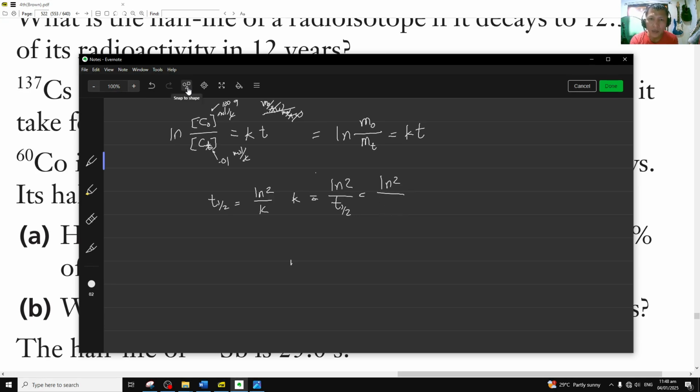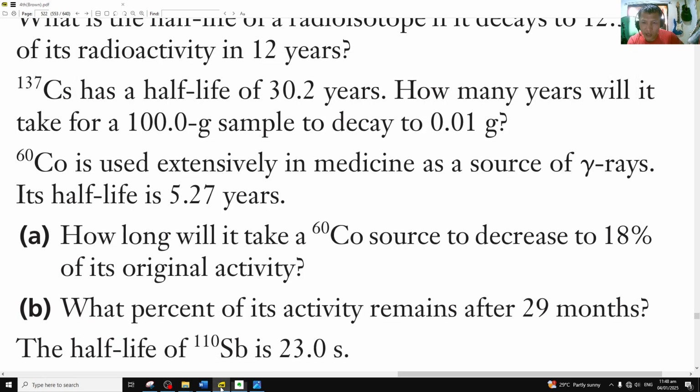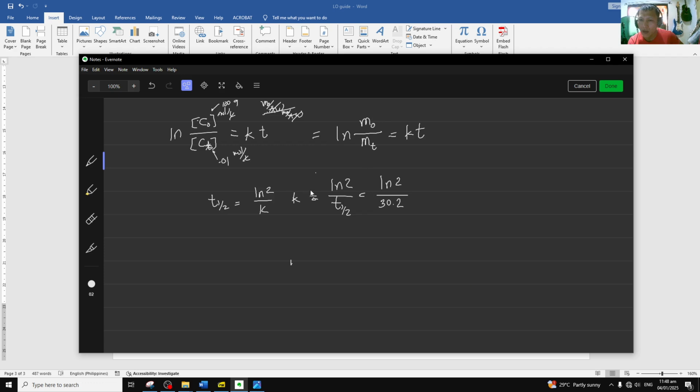Let me use the calculator. Ln 2 all over 30.2 years. So you now already have your k.